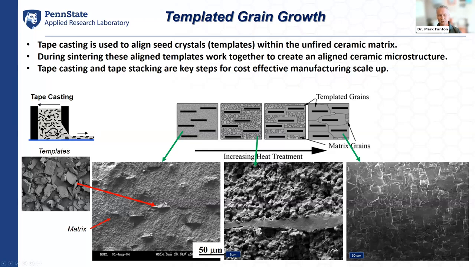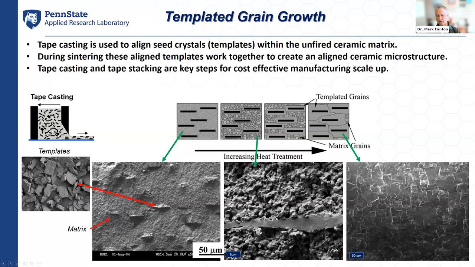Then we take advantage of the fact that during sintering and grain growth processes, the larger particles in the matrix tend to consume the smaller particles in the matrix. So these intentionally added large particles that are crystallographically aligned with respect to one another drive the formation of a textured microstructure by consuming the random grains that surround them. And so you can see in the photos at the bottom of the slide, on the left, these large barium titanate templates embedded in a very fine-grained random ceramic matrix.